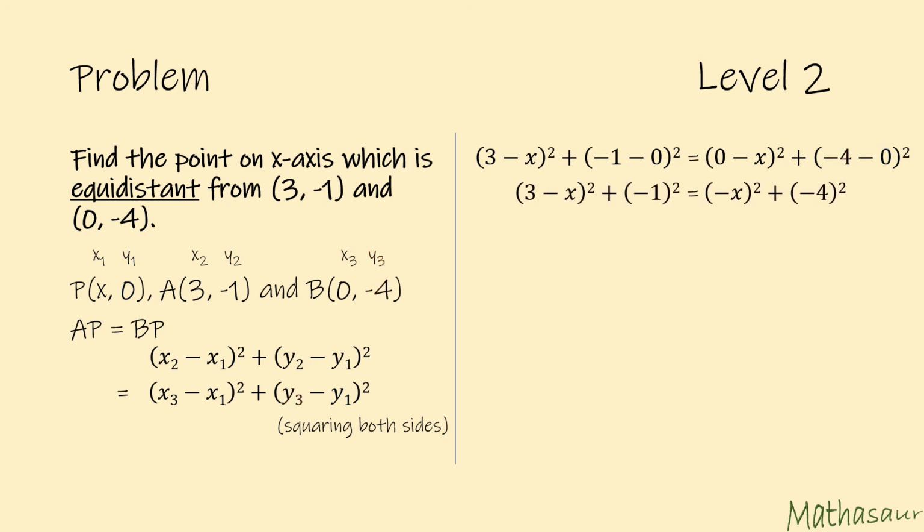Now let us expand the brackets using algebraic identities. Here 3 minus x whole square can be expanded using a minus b whole square or a square minus 2ab plus b square. Let us simplify and solve the equation.